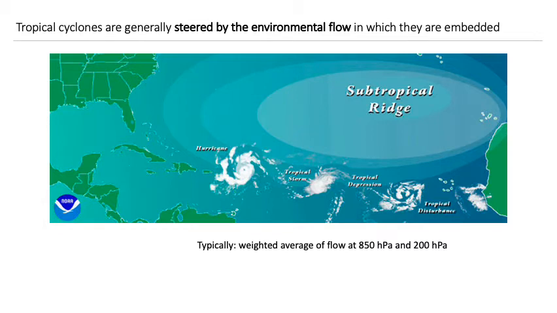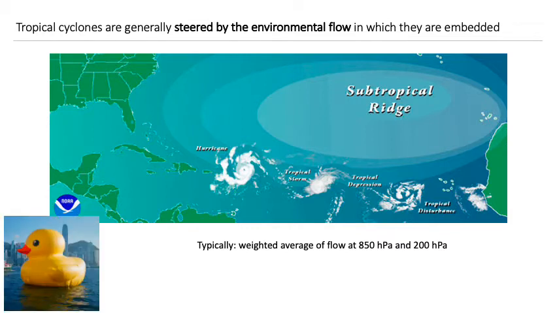Typically, if you think of a weighted average of the flow at 850 hectopascals and 200 hectopascals, so kind of an average of the lower and the upper troposphere, that gives you a pretty good guess at the motion vector of a tropical cyclone.